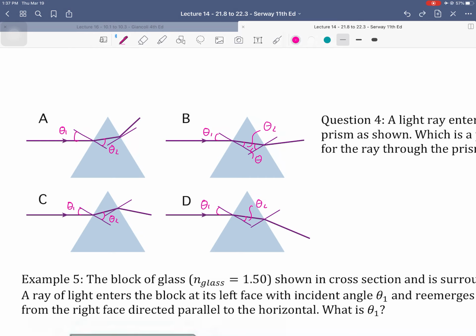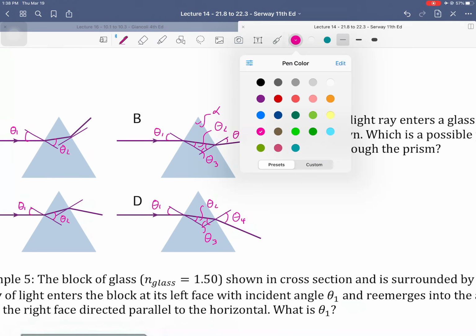So theta 3 at the prism here is not equal to theta 2. It's related to the apex angle, alpha, and you can solve it with geometry, but they're not equal to each other. Regardless, theta 3 and theta 4 are going the wrong way. Theta 4 is smaller than theta 3, and that can't happen. It can't bend towards the normal as it speeds up. It has to bend away from the normal, which you clearly see is satisfied with option D.